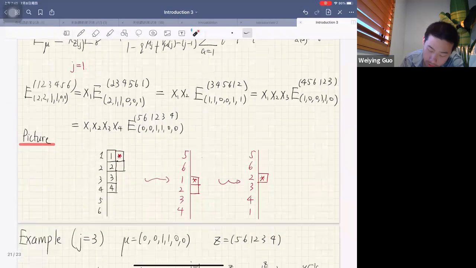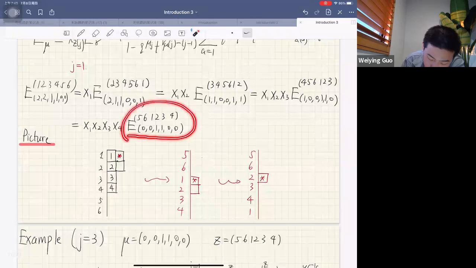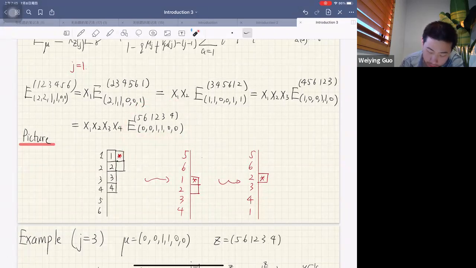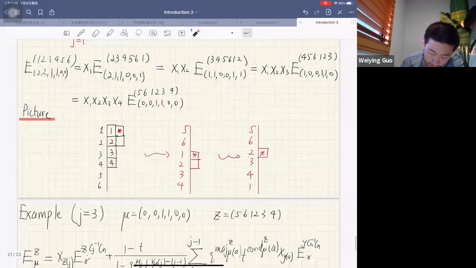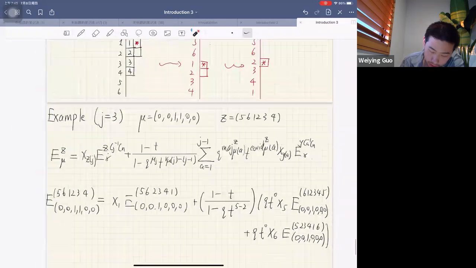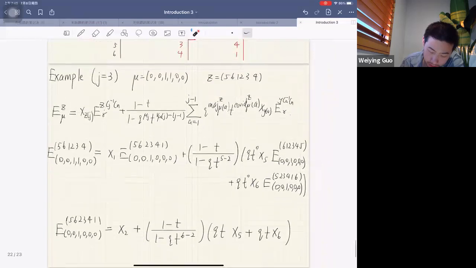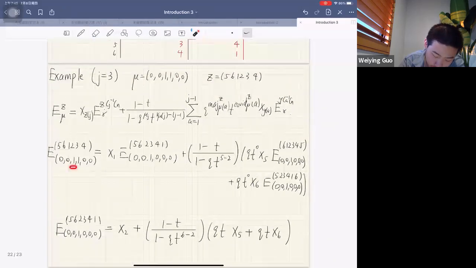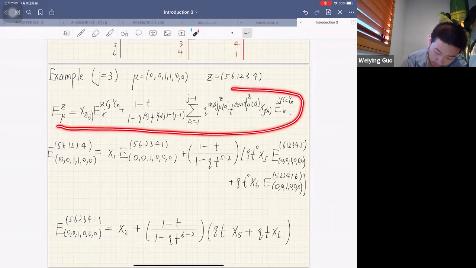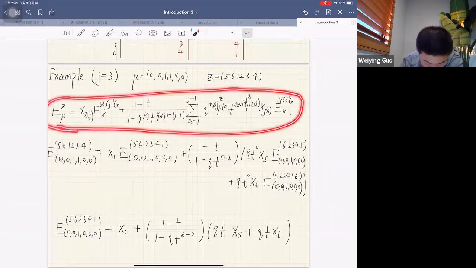In this case, the remaining part corresponds to how we fill out the remaining two boxes in the non-attacking filling. To expand the remaining part, we see that j is equal to 3, because the first position is 0, the second position is 0, and the third position is non-zero. It is interesting because we need to expand the full recursion now.